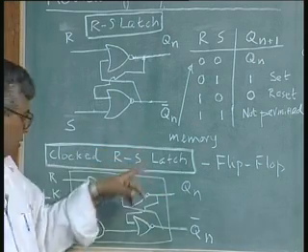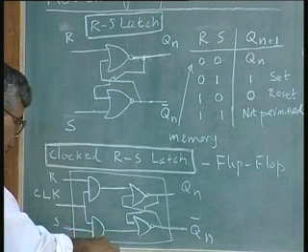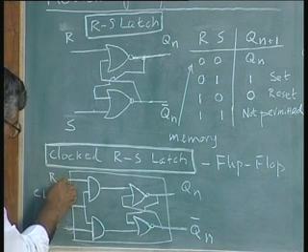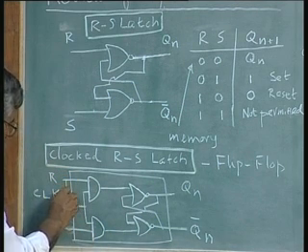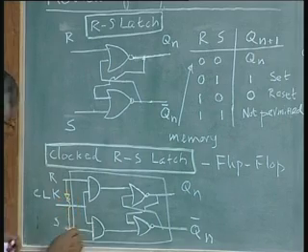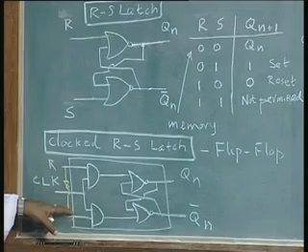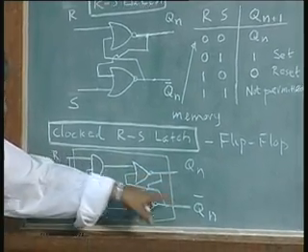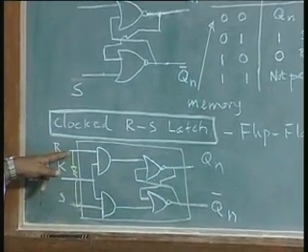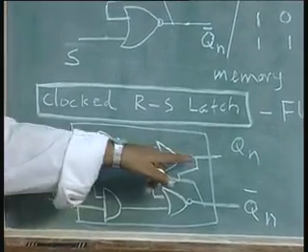Now, according to our convention, by just connecting these inputs through an inverter, when this is 1, this becomes 0, that means I will have a 0 stored here. When this becomes 0, this becomes 1 and 1 gets stored.